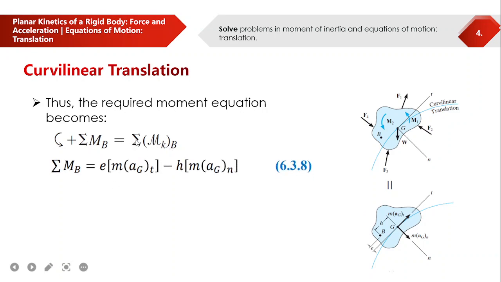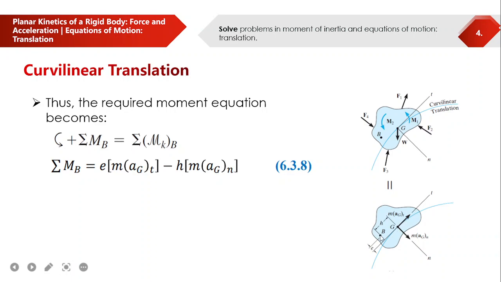So, what is this summation of all kinetic moments? The summation of moments at point B will be equal to the moment arm of the tangential component, E, times m times a sub g sub t, minus. Why minus? Because our positive rotational sense here is counterclockwise. And then your tangential component will be clockwise, as you can see here.